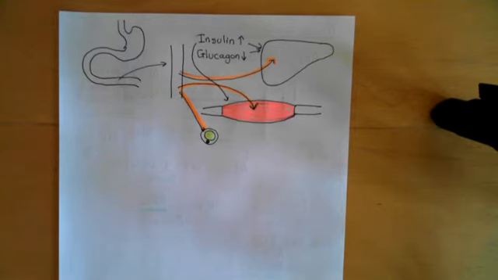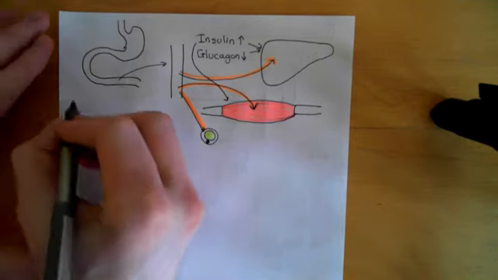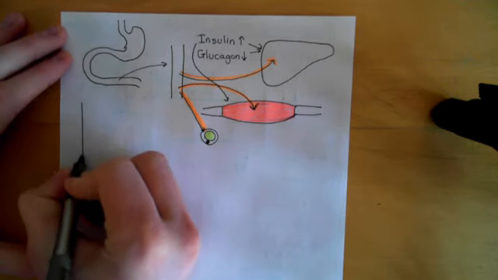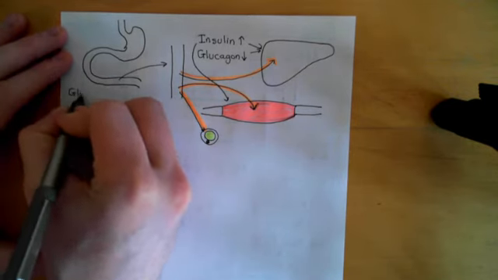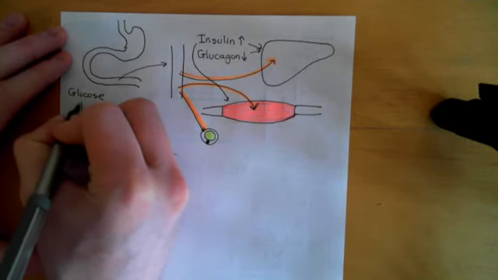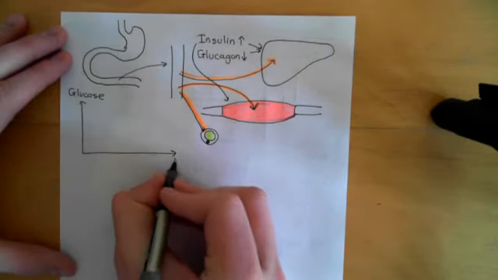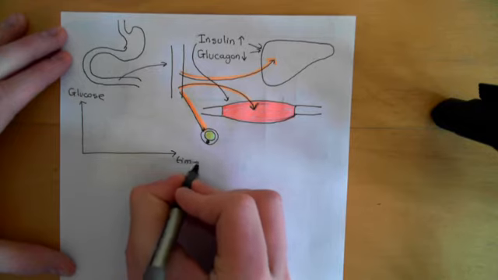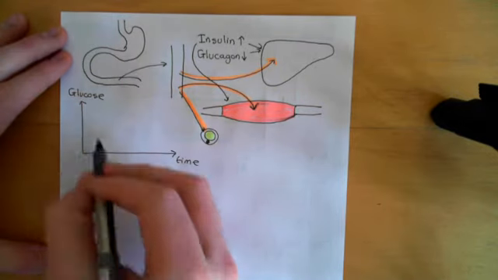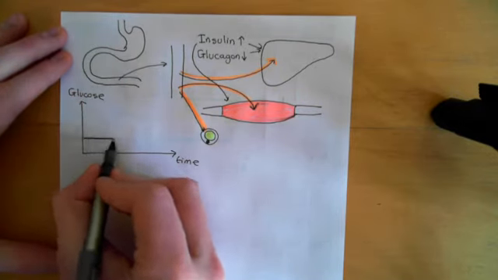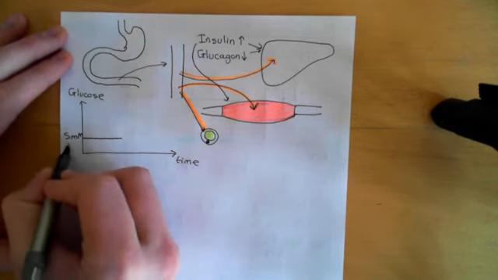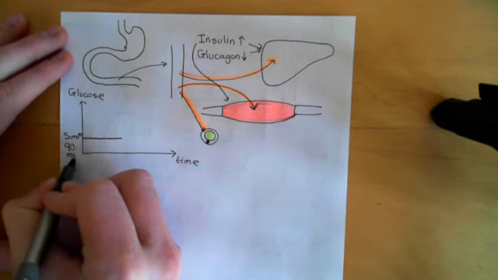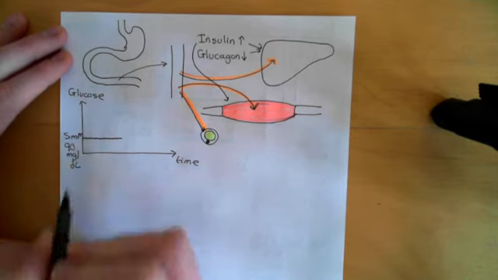So normal blood glucose homeostasis can be summed up with a nice little graph then. On the y-axis we will have our blood glucose concentration, and on the x-axis we'll have time here. So in the normal fasting state, blood glucose remains at this beautiful level of 5 millimolar, which is the equivalent of 90 milligrams per deciliter.